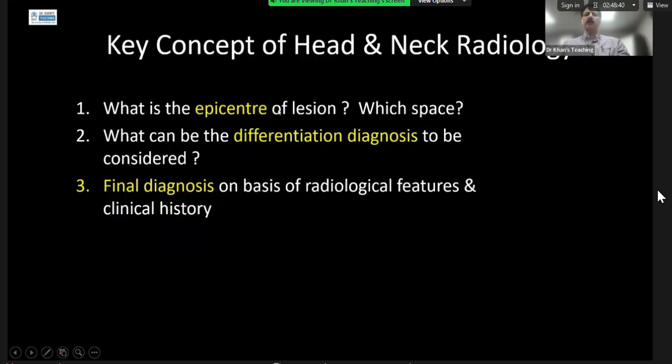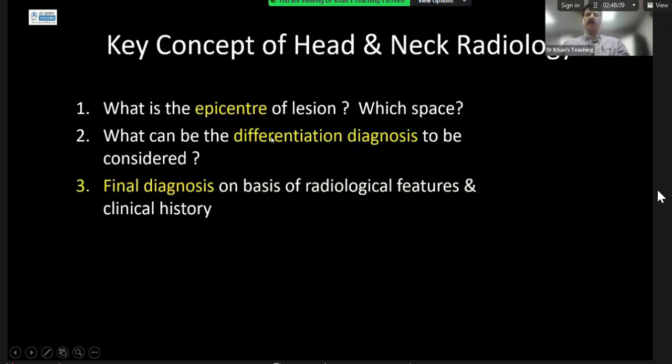For example, in temporal bone today, if a lesion is arising in the jugular foramen, then there is a differential diagnosis for that. Lesions from jugular foramen. So once you diagnose the epicenter, then you can develop a differential diagnosis. Open a book, or in the exam, you have to learn it. You have to know it. What is the differential diagnosis? I'm talking about a bookish differential diagnosis. Okay, this mass is in the jugular foramen.